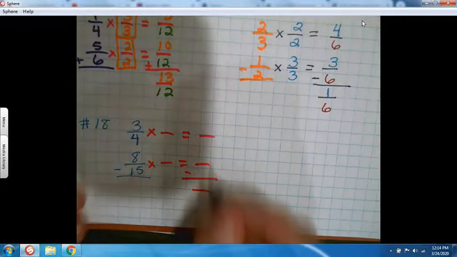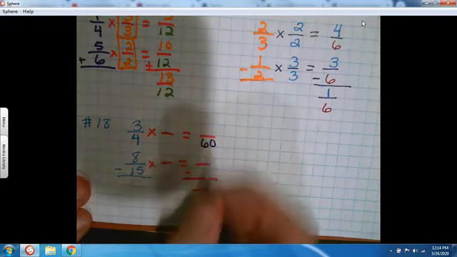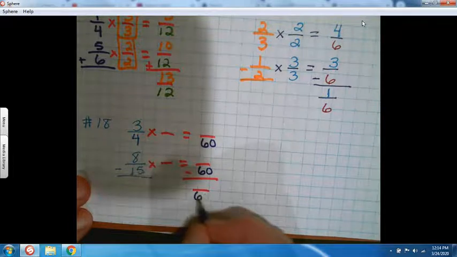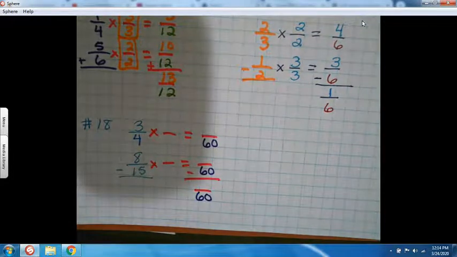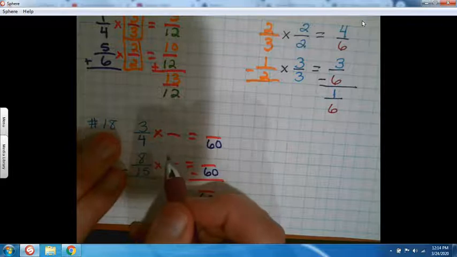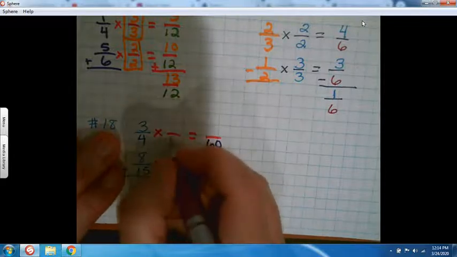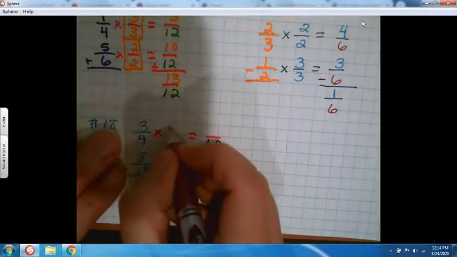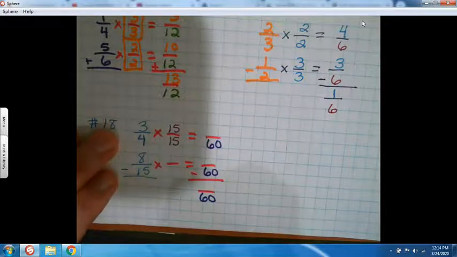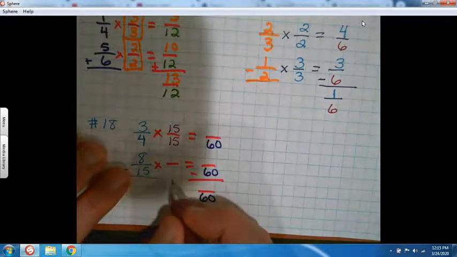Okay, so let's put that in. 60, 60, and 60. Now, let's fill it in. So 4 times what is 60? 15. And what we do to the bottom, we do to the top. 15 times what is 60? 4.